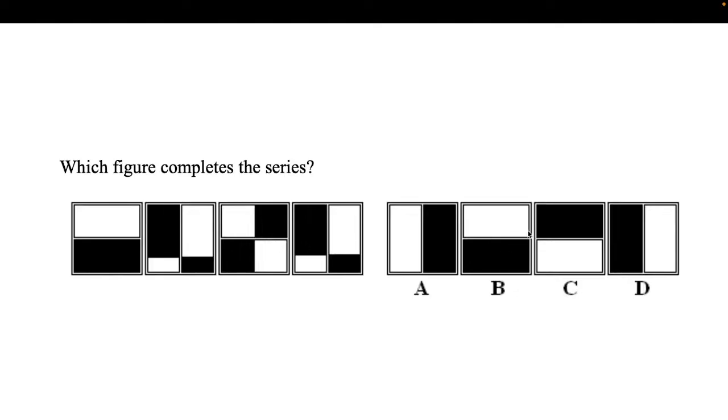So it has to be either B or C. And what we see is that the black rectangle is slowly becoming white, and the white one is becoming black. So then we are expecting the original white one to become black, and the black one to become white. So C is the appropriate answer. White becomes black and black becomes white overall.